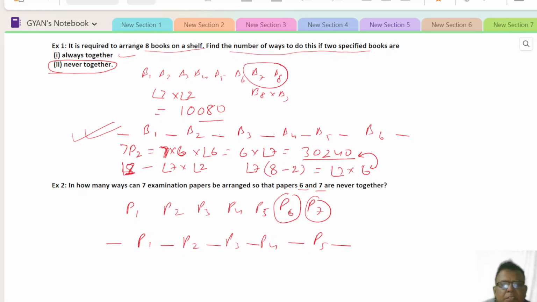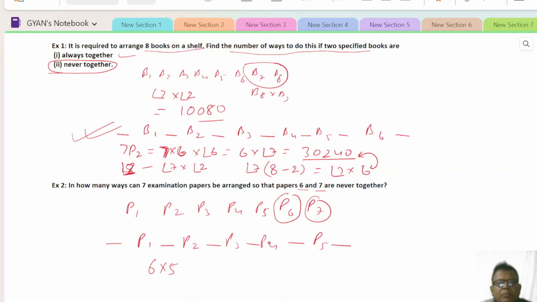In 6 spaces, P6 and P7 can be kept anywhere. So what is the way? This paper can be kept at 6 places, and the other paper in the remaining 5 places. So 6 into 5.